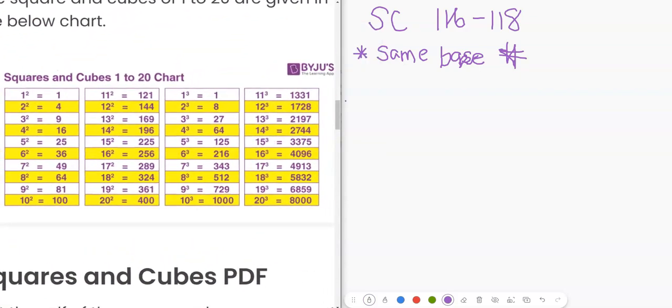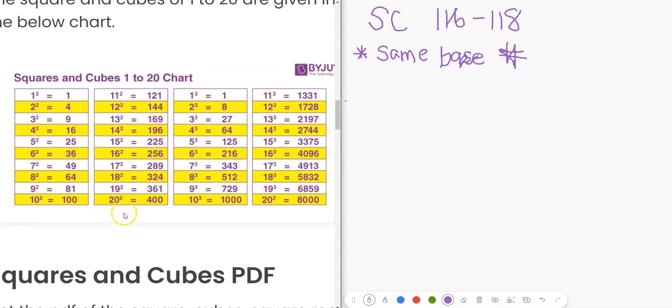This is a chart of cubes and squares, and you need to try to memorize these, honestly, to be helpful in Algebra 1, Geometry, and Algebra 2. It is good for you to memorize your squares through around 12 or 13. You should know when you look at 64, that's the square of 8, and 144 is the square of 12. You also need to know your cubes.